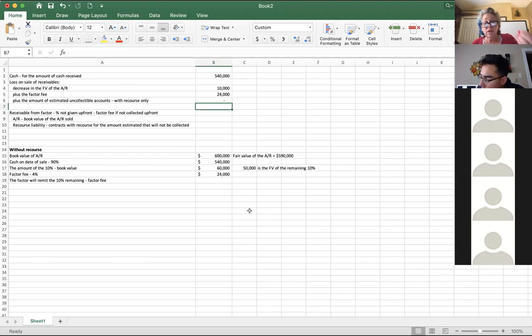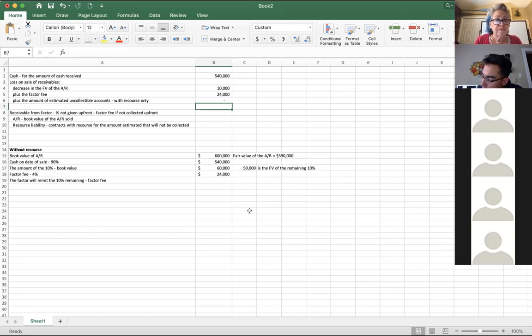Yeah, I just mean we wouldn't apply that same percentage to the book value of AR and get 540 as the fair value, because they decided to withhold the decrease in the fair value from what's going to be the receivable. Okay, so that 590 is because it's 10,000 less off of the 60,000.